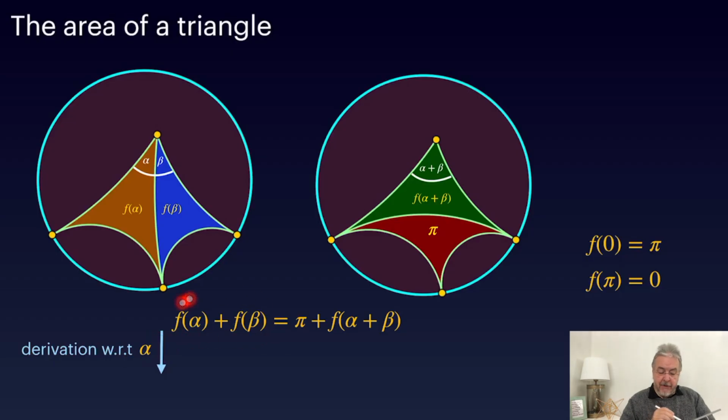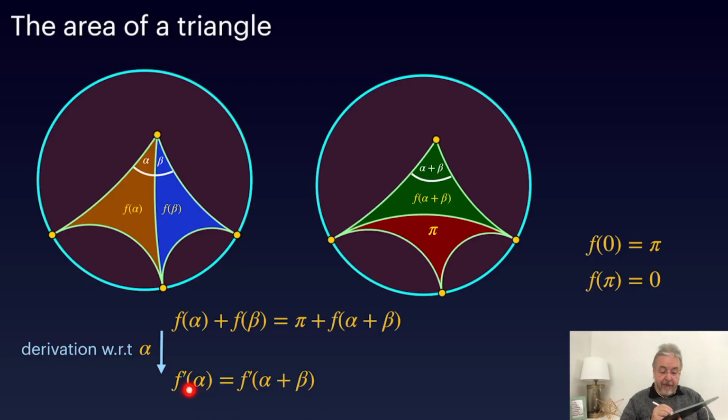So if you form the derivative of this side, well, this term here, the f beta, is just constant, and what you get here on one side is the derivative of f with alpha in it, and here you have on the other side pi is constant, and this here is just the shifted function, so you get the shifted derivative here.